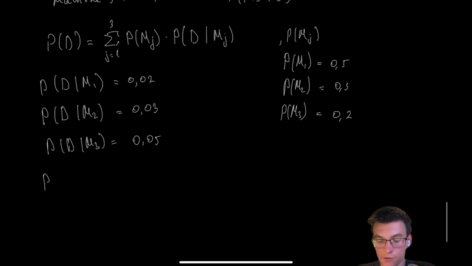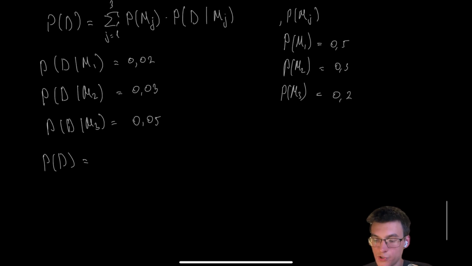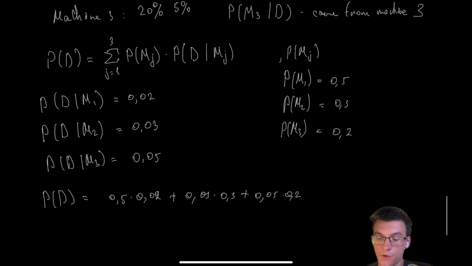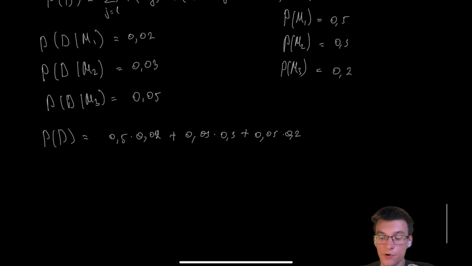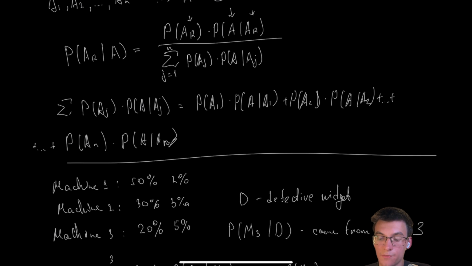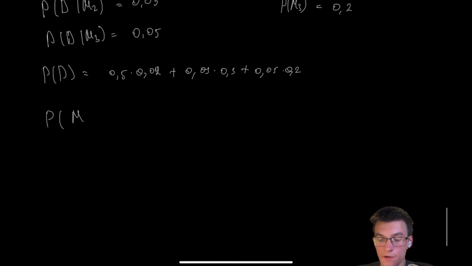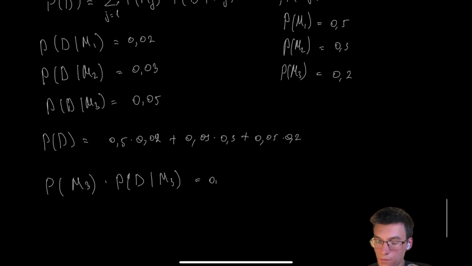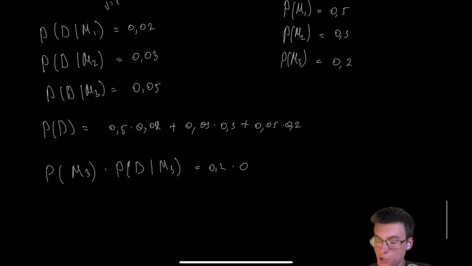Now we can calculate the total probability of defectiveness, which equals 0.5 times 0.02 plus the following expression plus 0.05 times 0.2. And we can also calculate the numerator here. If you look carefully at our formula, that will be the probability of M3 times the probability of having a defective part given it came from machine M3. So the output from M3 times the probability of having a defective part from machine M3, which equals 0.2 times 0.05.